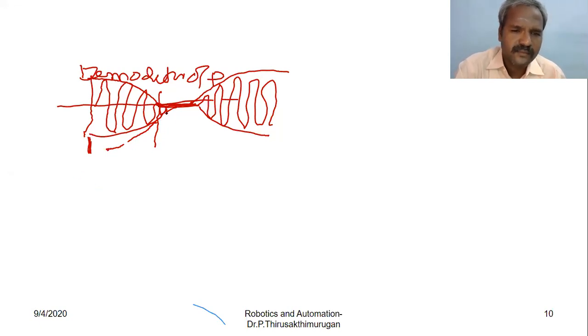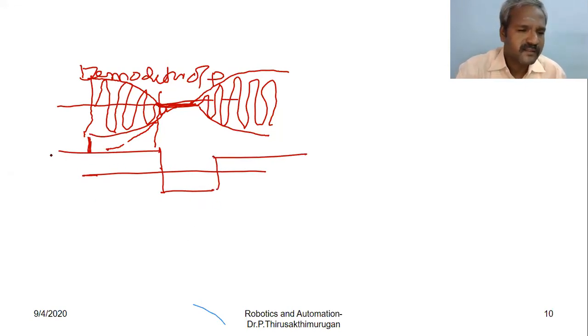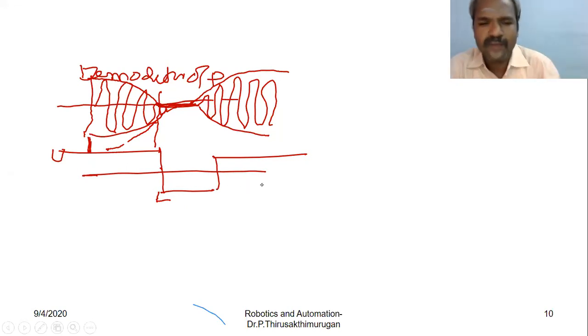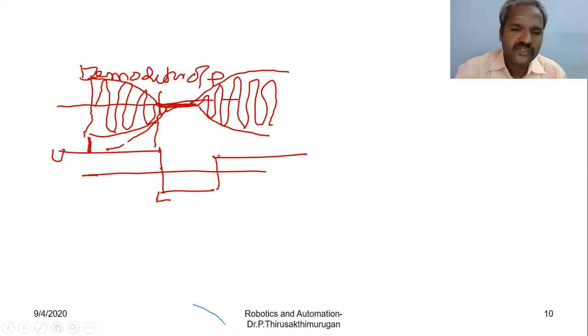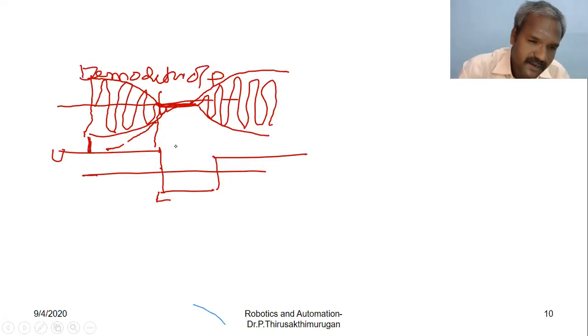At the Schmitt trigger, this is the upper triggering point with high voltage, and this is the lower voltage. When the demodulator decreases to low, the Schmitt trigger goes to a very low level output. When the demodulator again starts increasing, it goes to the Schmitt trigger.